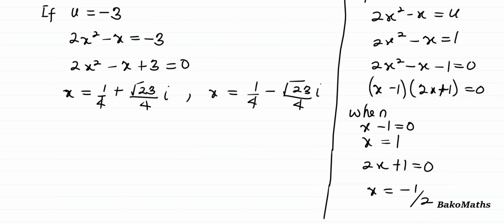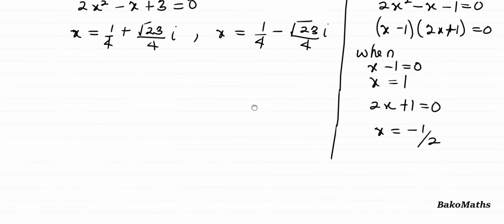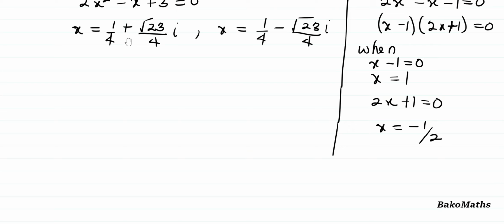So therefore our solution to the question is that x is equal to 1 or x is equal to −1/2, and this becomes the solution to the Harvard entrance exam that many couldn't solve.